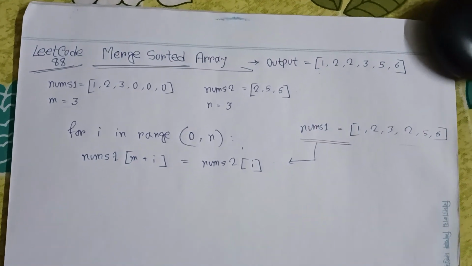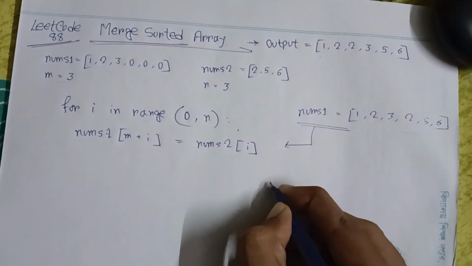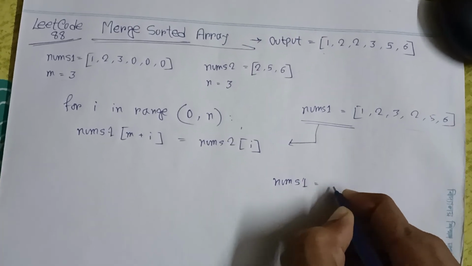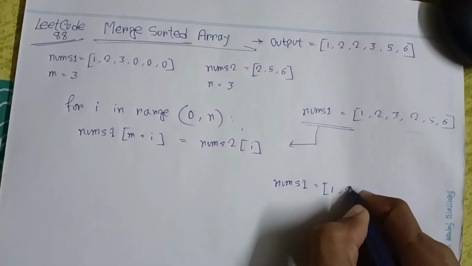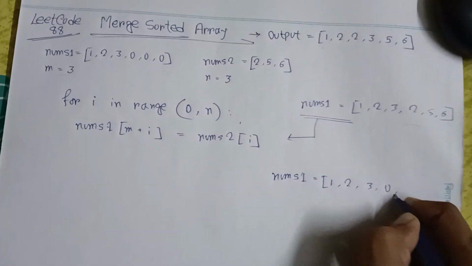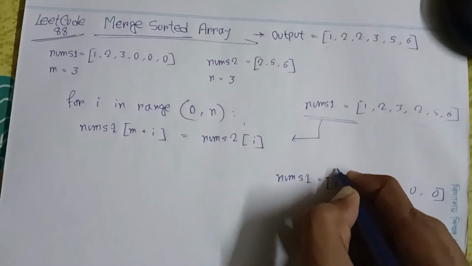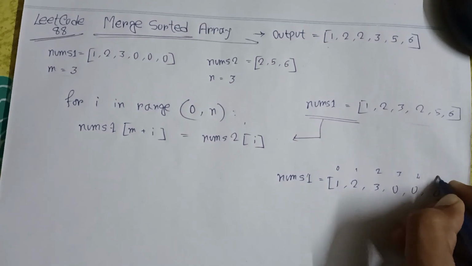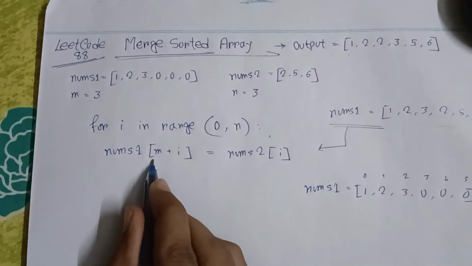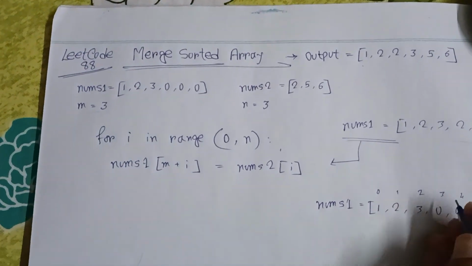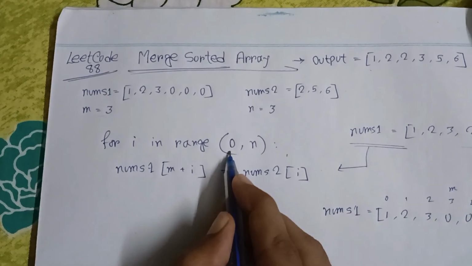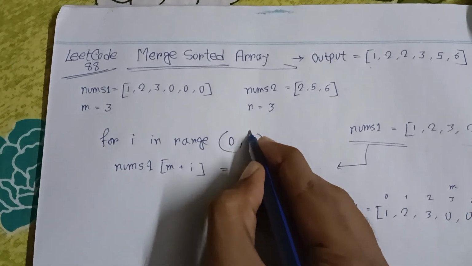If I dry run this code, then this is the current nums1: 1 2 3 0 0 0, and this is the index m. m means 3, so this is m, and i starts from 0 and n is equal to 3.